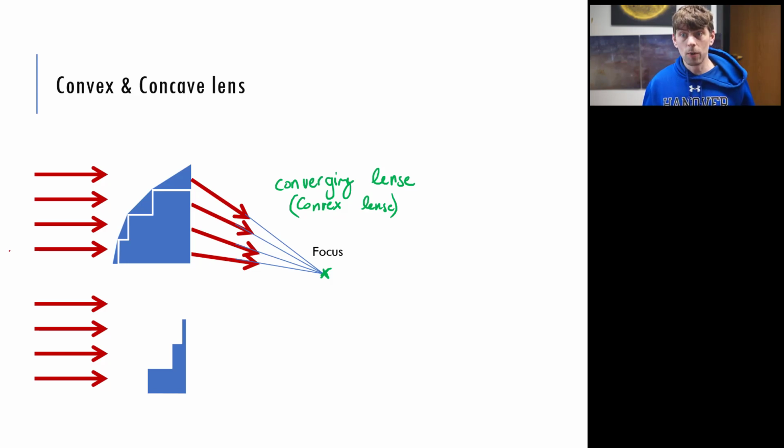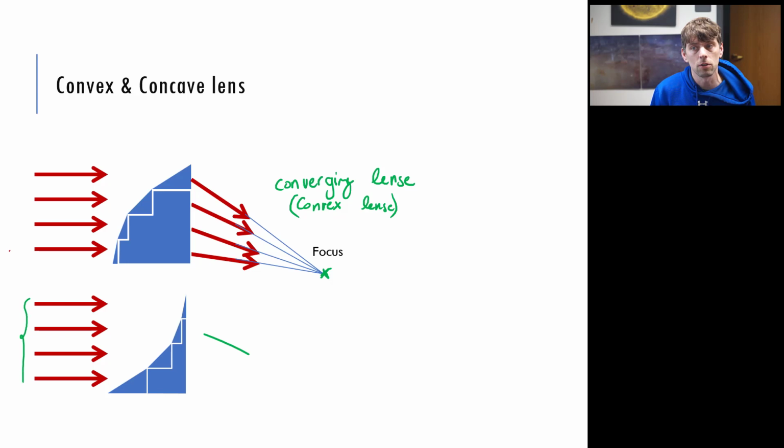Well, I've already given away the answer. What happens if I arrange my triangles in the opposite way? Rather than causing these 4 beams of light to converge on a particular location, this arrangement of a prism will cause the beams of light to spread out, to diverge on the opposite side.